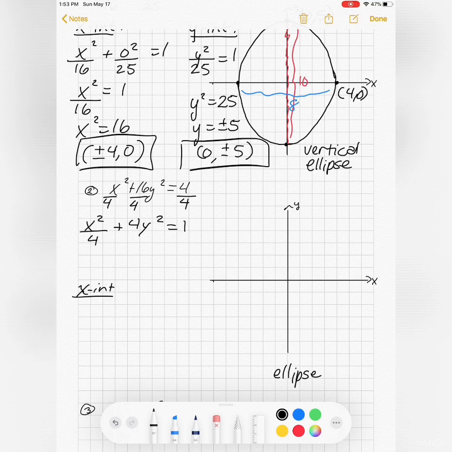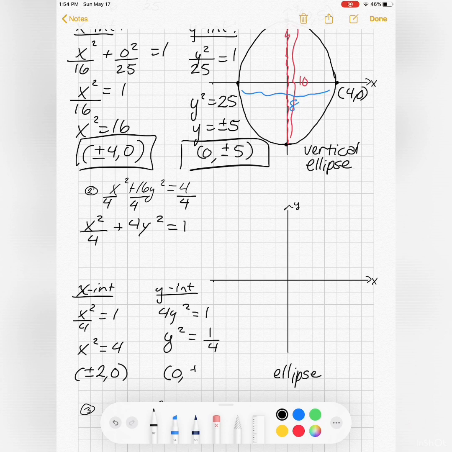See, if I set y to 0, I'll have x squared over 4 equals 1. So as we expected, those are the easy ones. Those are the 2's. And then the y-intercepts, set x to 0. So you see here I'd have to divide by 4. So these are actually the halves.